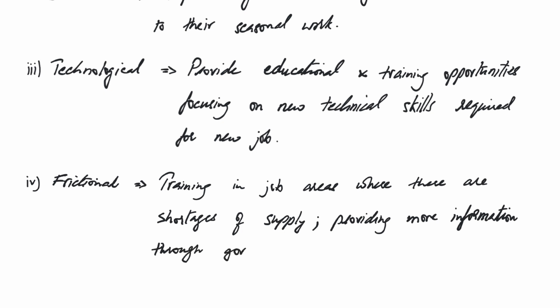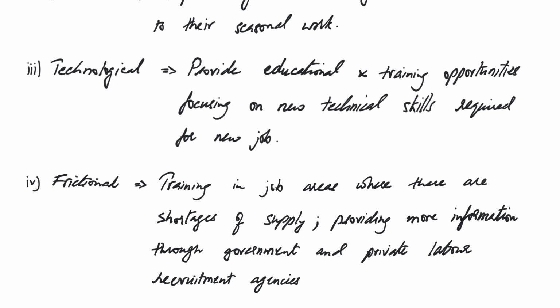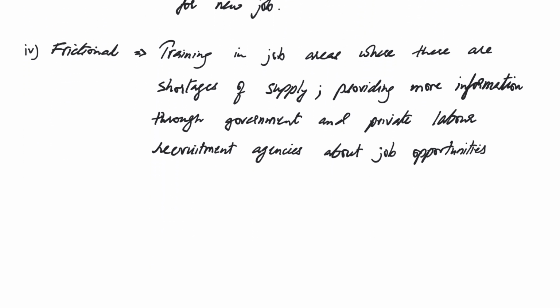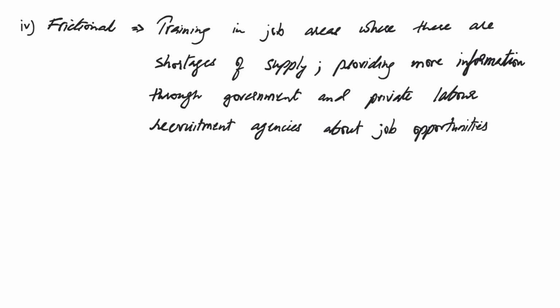So you improve the information, which could be through government and private labor recruitment agencies about job opportunities. Okay, so basically you're trying to reduce that search unemployment that might exist.